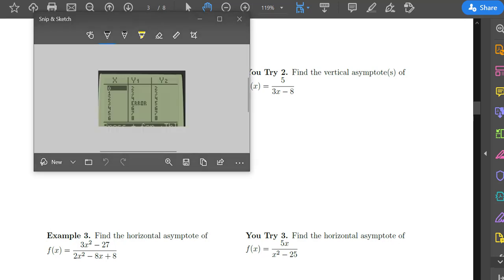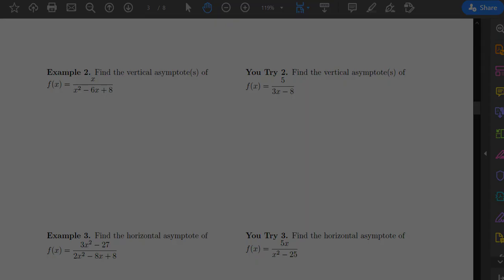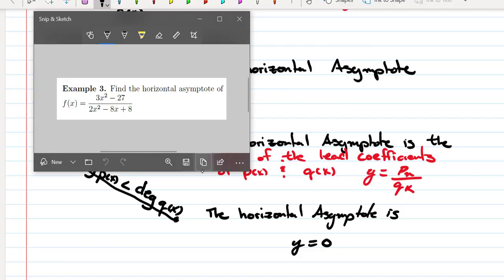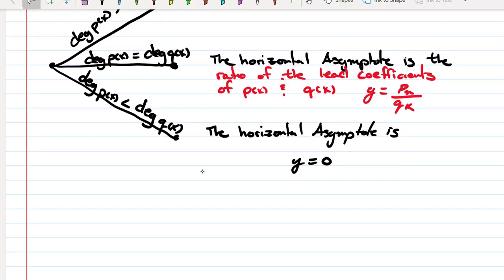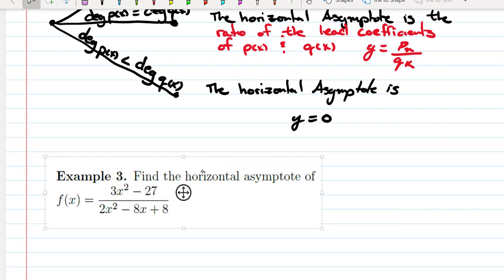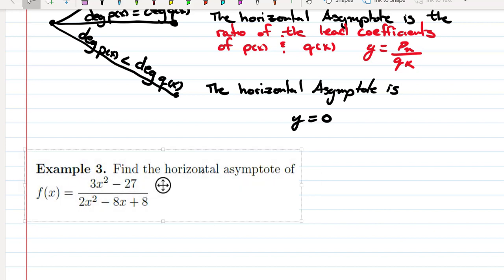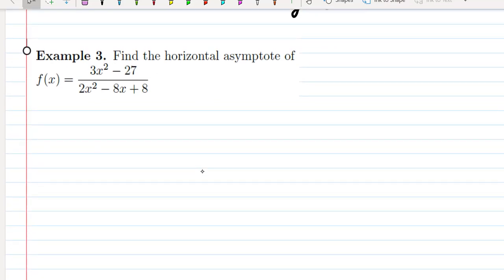So let's go ahead and take a look at example number 3. We wish to find the horizontal asymptote of this. So we identify our P of x and our Q of x.